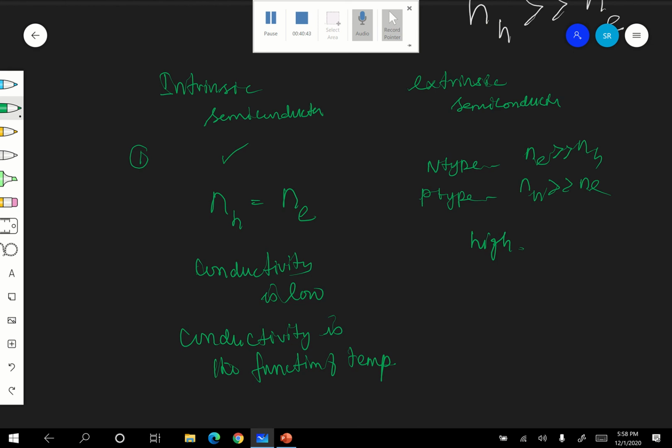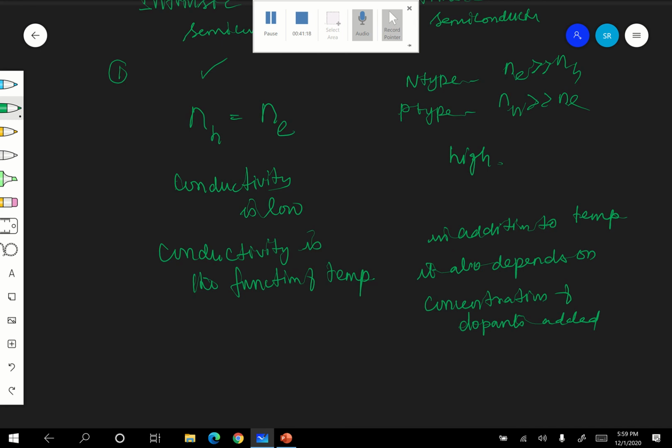But in addition to that, it depends very much on the concentration of impurity, the concentration of dopants added. So by changing the concentration, you can change the number of carriers. That is a very important one. So the conductivity, as you want, you can change with the concentration.